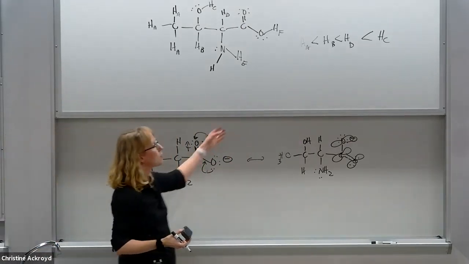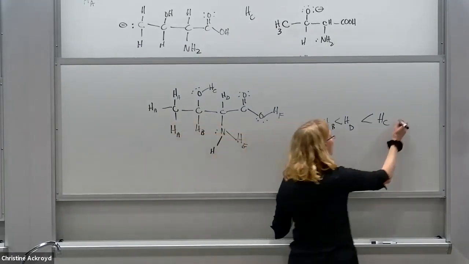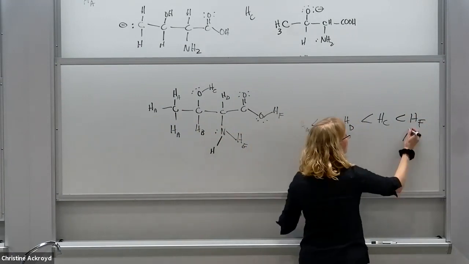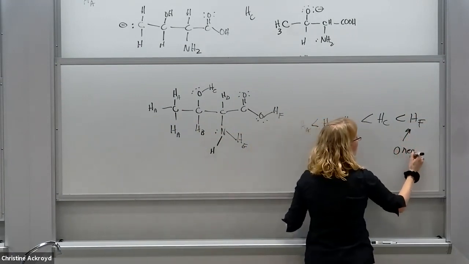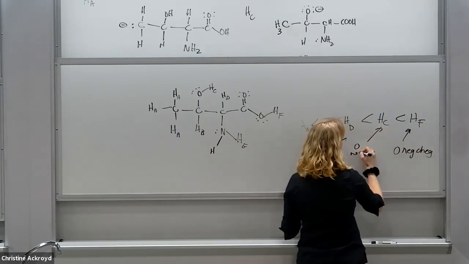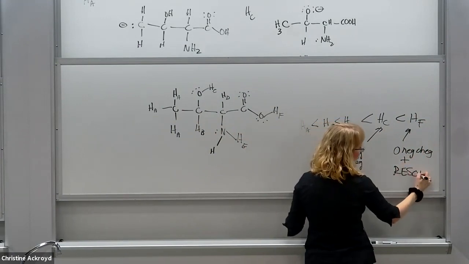Okay, so what's the most acidic proton on this structure? HF. Okay, and it's HF. This one has an oxygen negative charge. It has plus resonance stabilization.